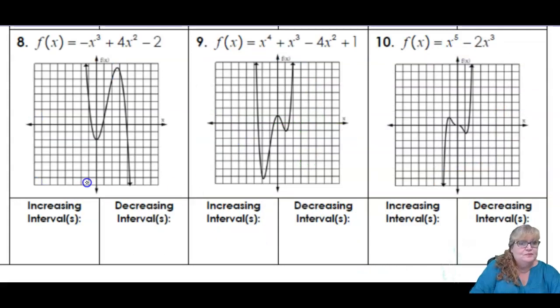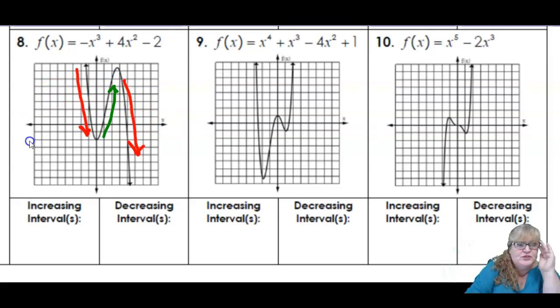All right, now for increasing and decreasing, we really need to know those maxes and mins, because that's where it changes. So this one is decreasing, and then it's increasing, and then it's decreasing. But it changes at those maxes and mins.